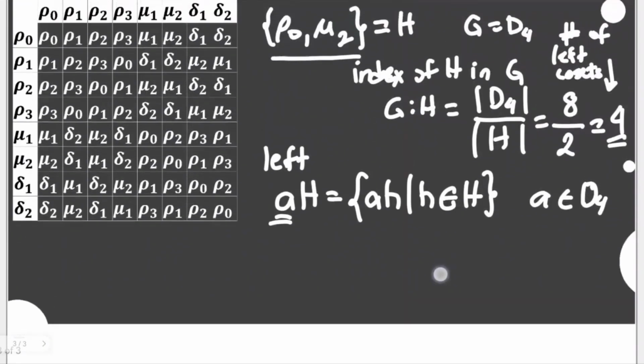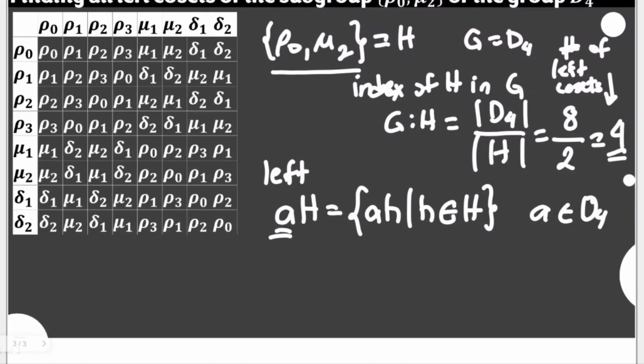So let's start, because we'll be using this Cayley table, by the way. Let's start with the first element of our D sub 4, which is rho sub 0. So a is equal to rho sub 0, which means we have rho sub 0 H. Some references will place a star here, but since it's very clear that we simply operate using this Cayley table, we don't need to do that.